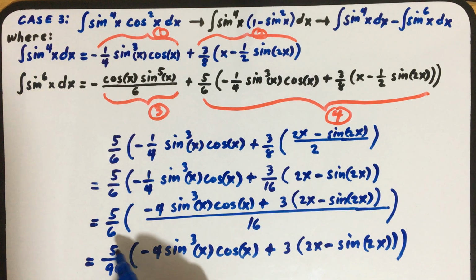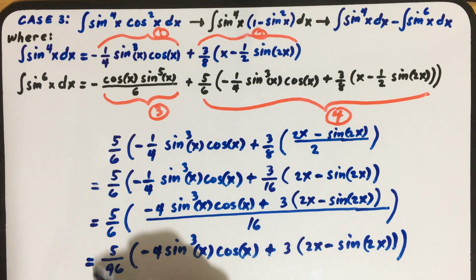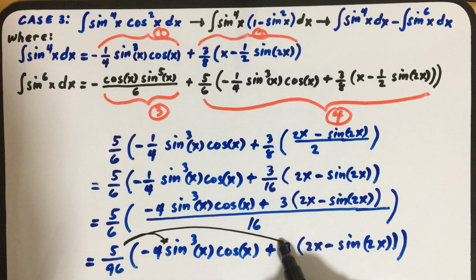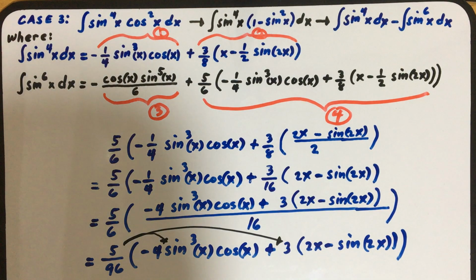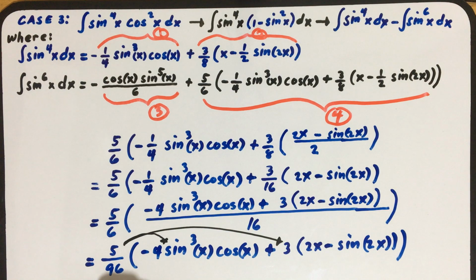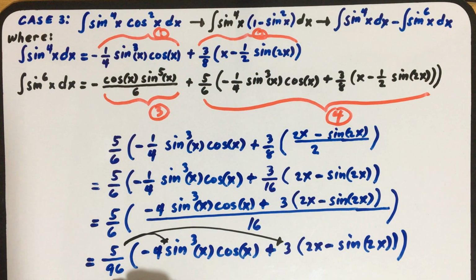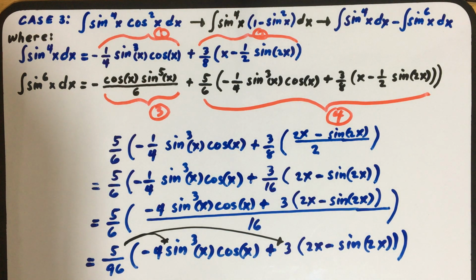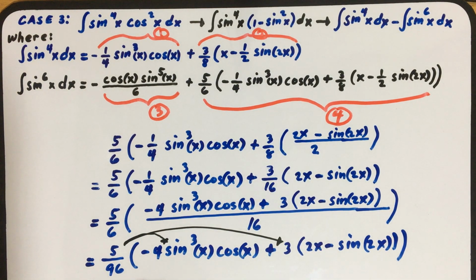And we can distribute this and multiply. So distribute and multiply. So this becomes, this is minus 20, or you can reduce this.